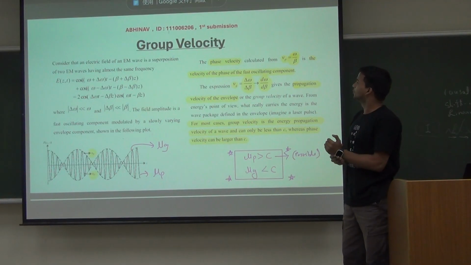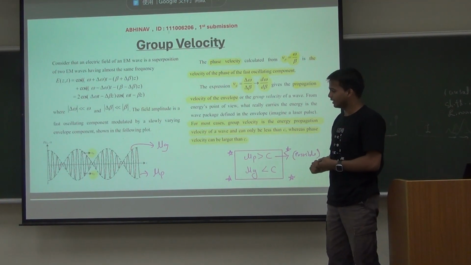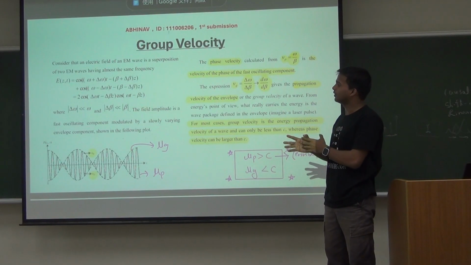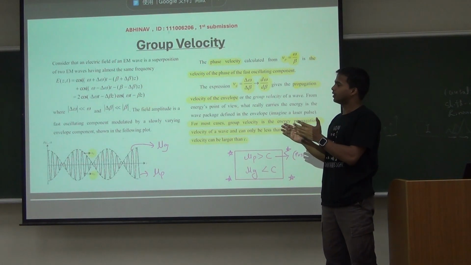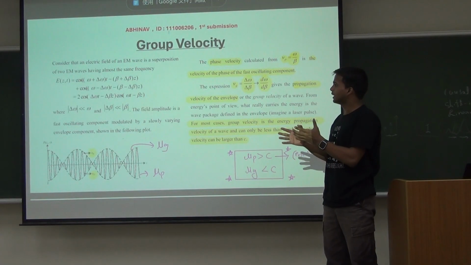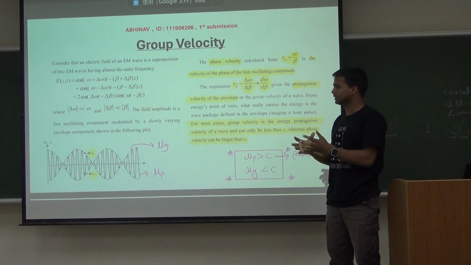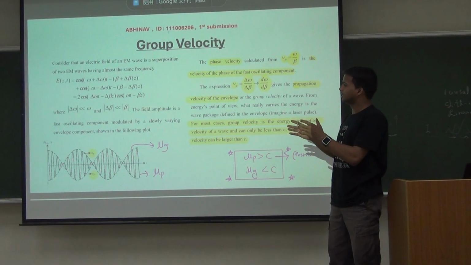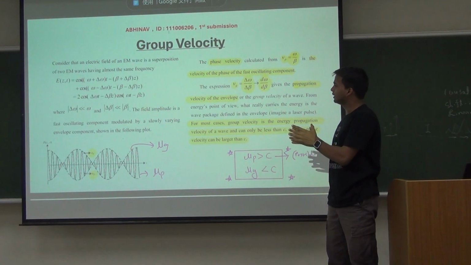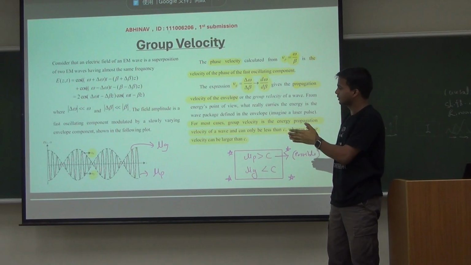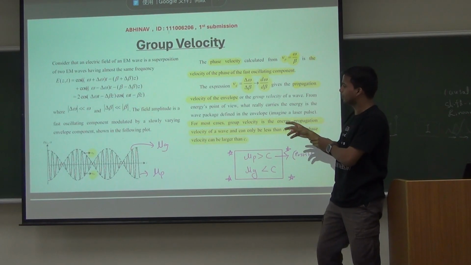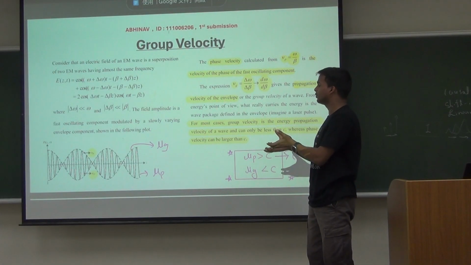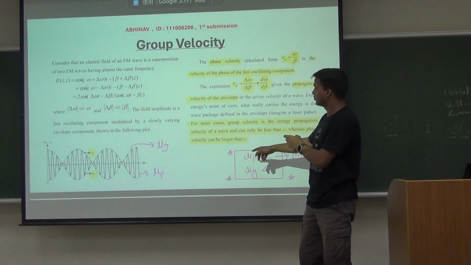Talk about group velocity first. So it says that when we have two or more electric fields of slightly different frequencies, the resultant electric field is composed of their individual frequencies.